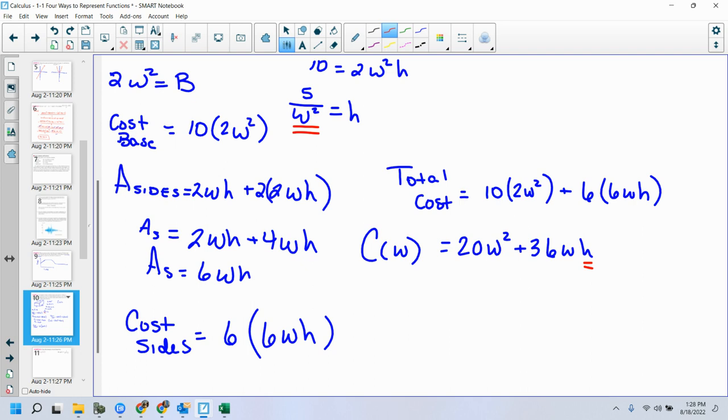Let's take that 5 over W squared and plug it right in for H. How's that going to help us? Well, now I've eliminated my H. Cost as a function of width is going to be 20W squared plus 36W times 5 over W squared. And now all we need to do is some simplification.